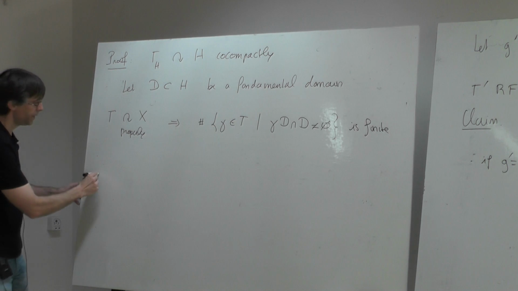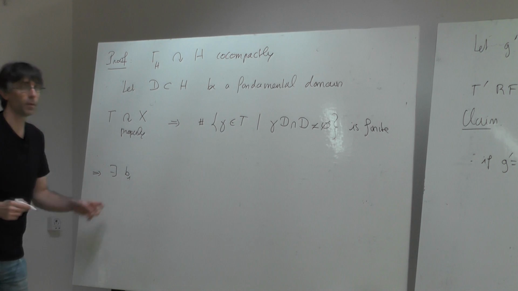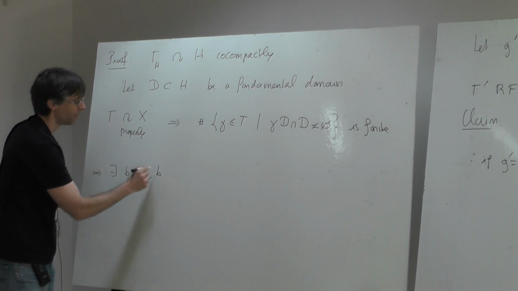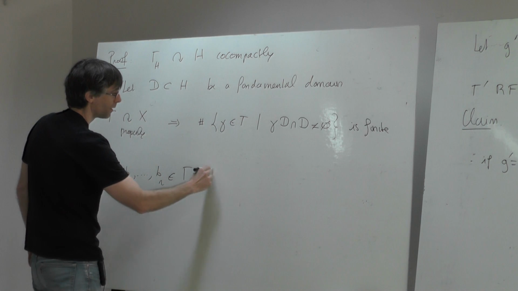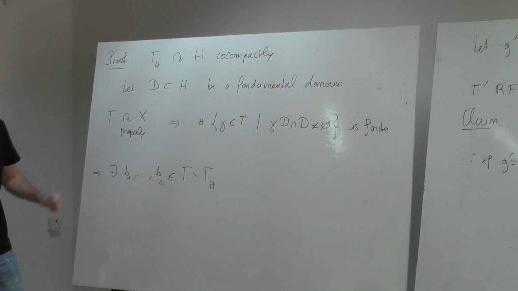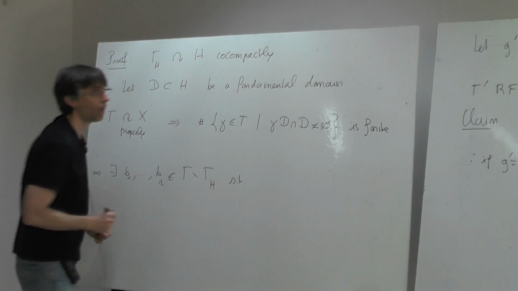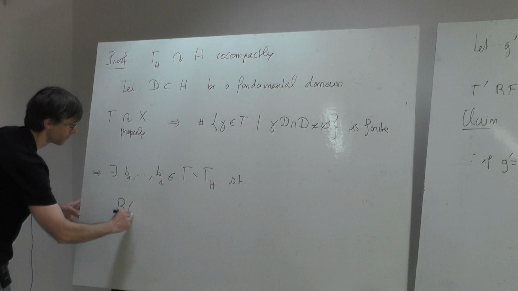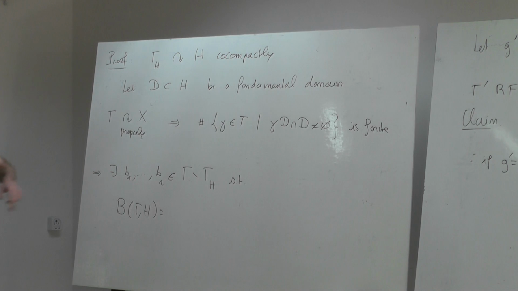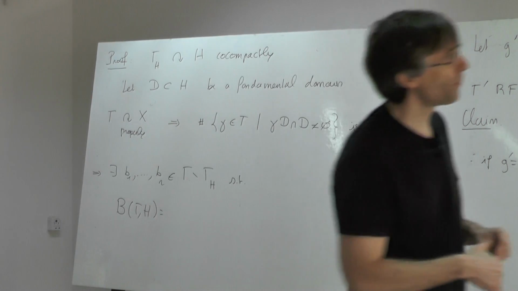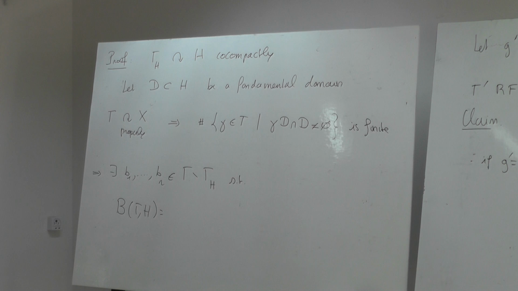So this implies that there exist some bad elements B1, ..., BR, but only finitely many of them, such that the set of all bad elements is not only the B1, ..., BR, because once I have a bad element like here, of course, I could translate it by an element in gamma H, and it will also intersect the geodesic.